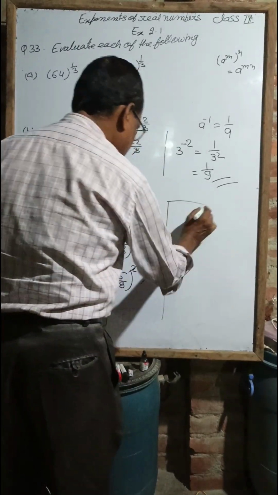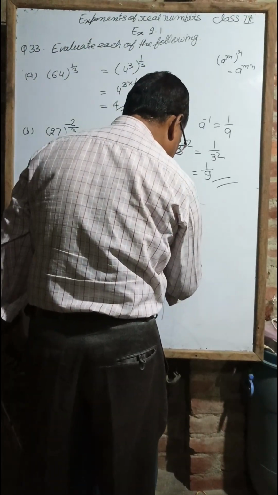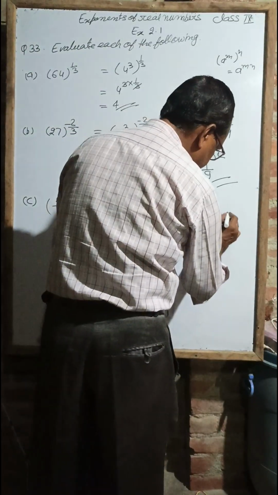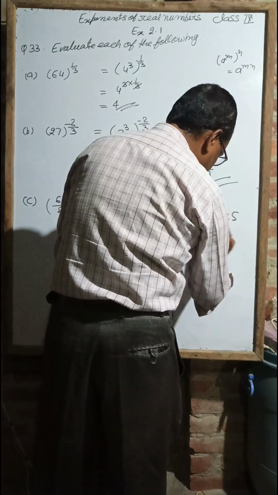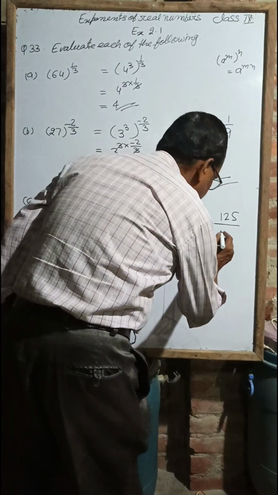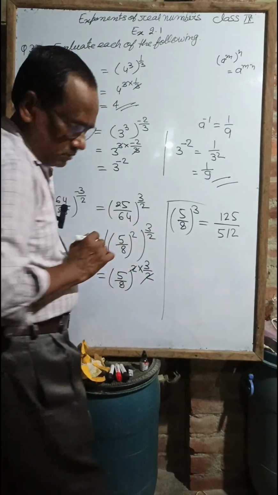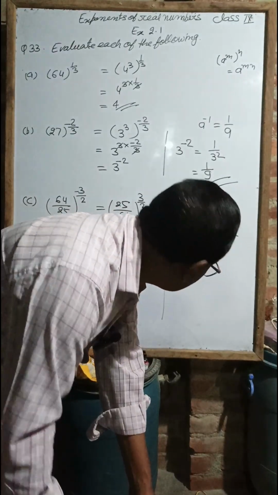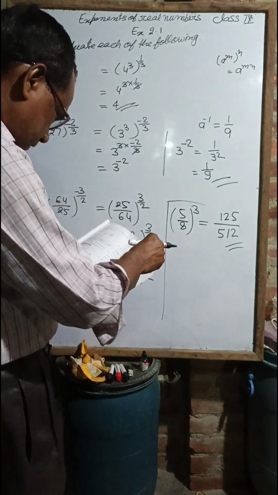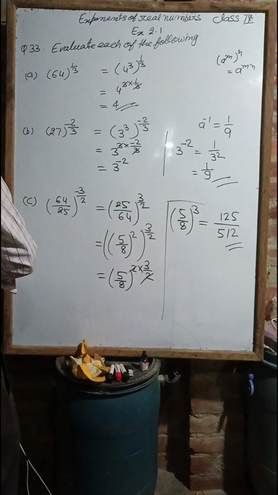So 5 over 8 whole to the power 2 times 3 over 2, the 2 cancels out. So 5 over 8 whole cube is equal to 5 cube, which is 125, and 8 cube is equal to 512.